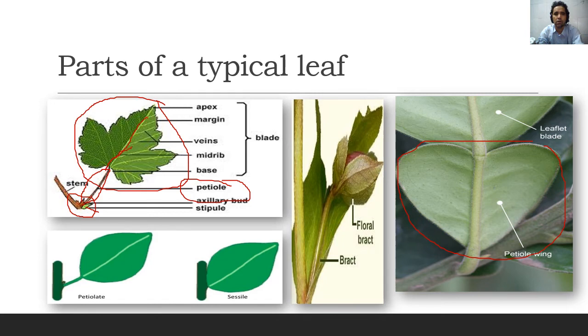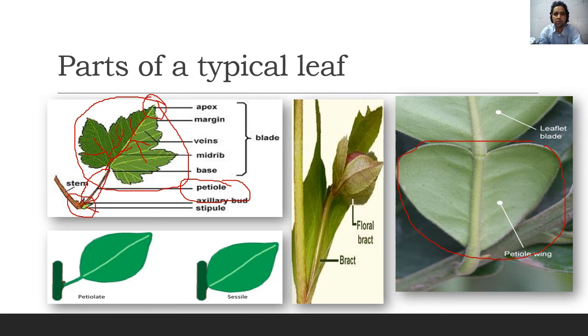This is called the midrib, and from the midrib, veins and veinlets are produced, which are spread in the whole leaf. These are veins and veinlets, and this is the tip of the leaf.